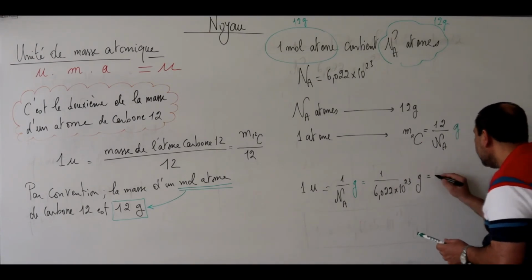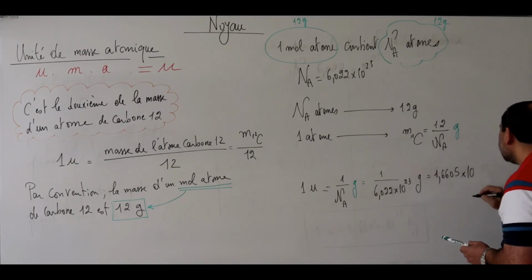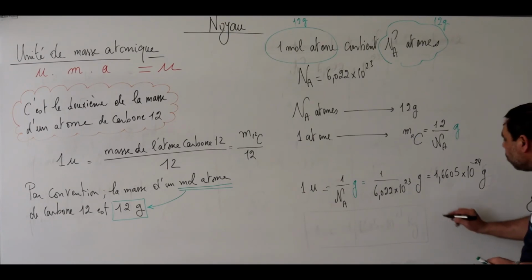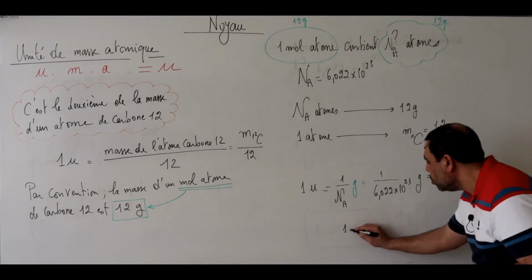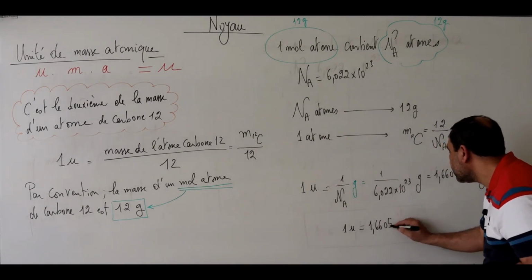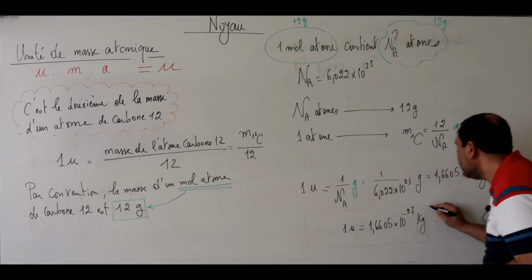The answer is 1.6605 times 10 exponent minus 24 grams. When converting into kilograms, by multiplying by 10 exponent minus 3, we get that 1 U equals 1.6605 times 10 exponent minus 27 kilograms.